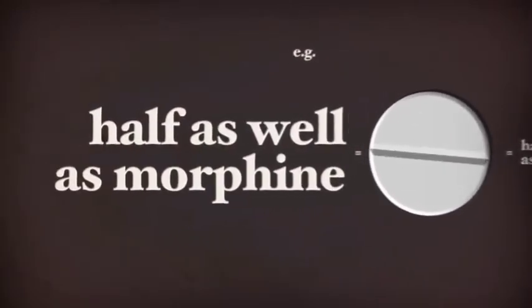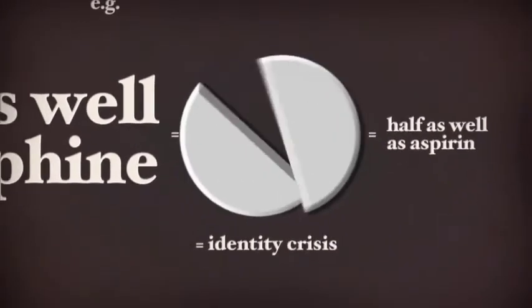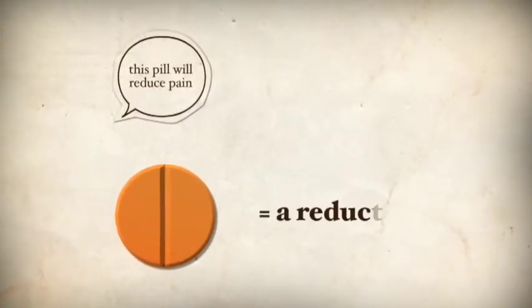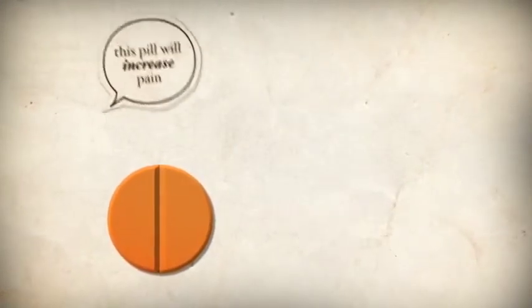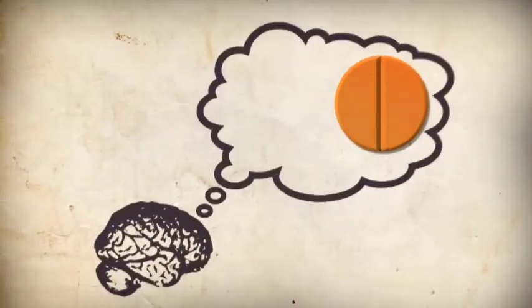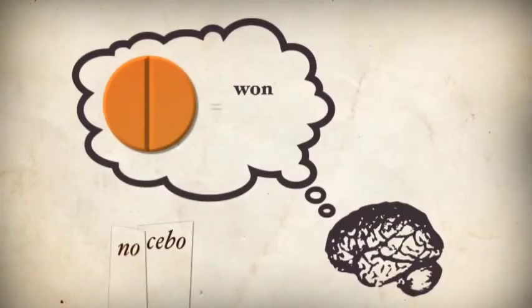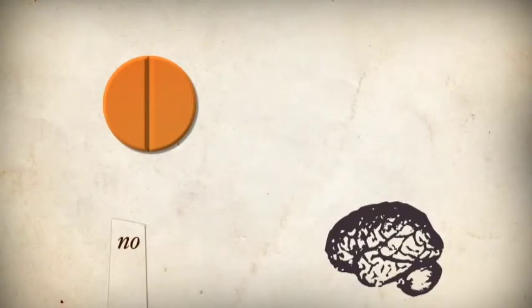Morphine's a much more powerful painkiller, but a placebo is half as effective as both? Saying a placebo will reduce pain reduces pain, but saying that the same placebo will increase pain increases pain. Believing that a placebo will make you feel better will make you feel better. Believing that it won't has the opposite effect.